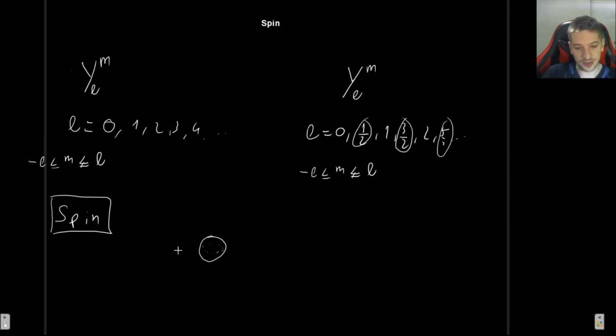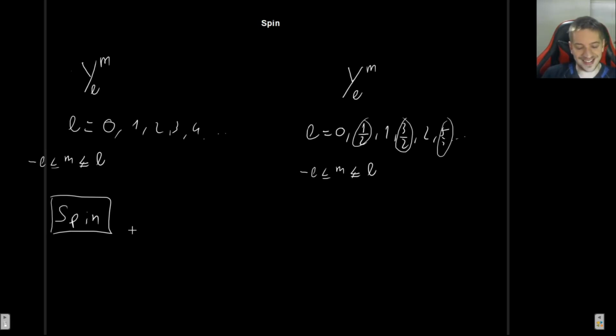However, this is only a good analogy for you to understand that there is something intrinsic about this; in fact, this is not the way it happens. It isn't that the electron is rotating, because maybe we'll do the calculation in some other video, but you could see that if the spin were due to the electron's rotation, it would have to be rotating faster than the speed of light, which is obviously not something that could happen.